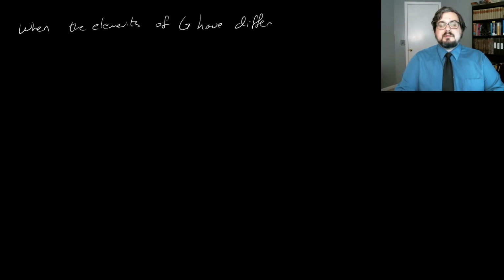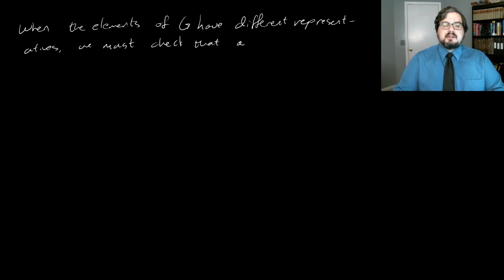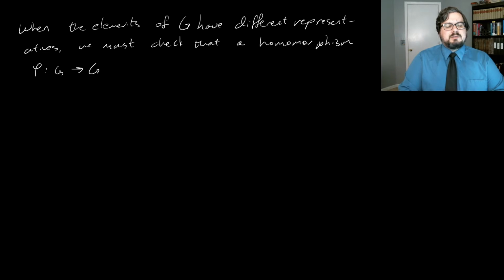When the elements of G have different representatives, we must check that a potential homomorphism phi from G to G prime is well defined.